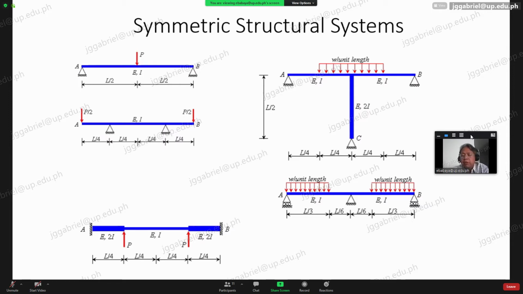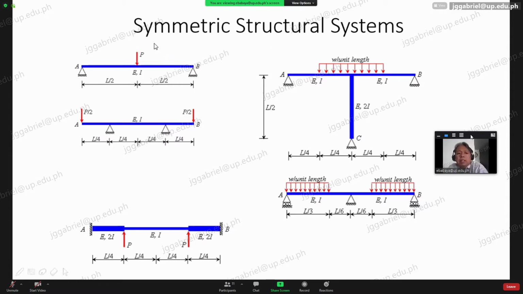And moment of inertia influences the flexural stress. The formula MC over I is the maximum flexural stress. If you increase I, then the flexural stress decreases. And of course, the base also influences the moment of inertia.